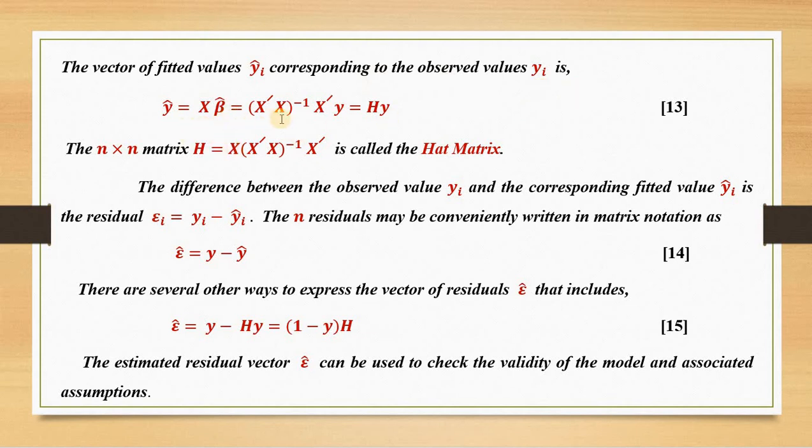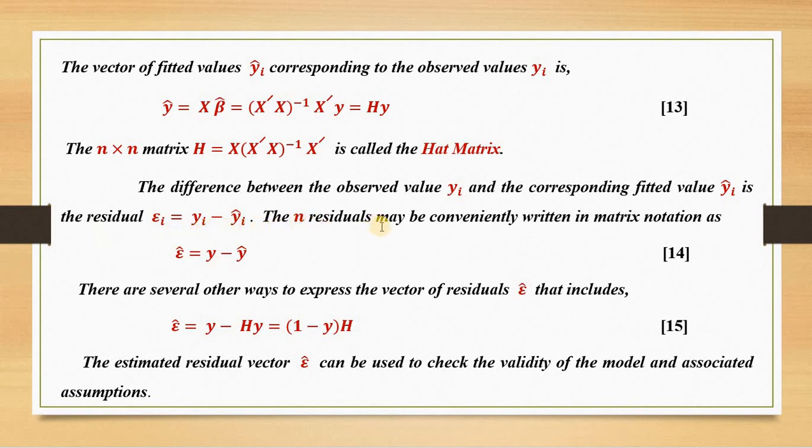Putting in the value of beta cap, we have (X prime X) inverse X prime y. This is Hy, where H is X (X prime X) inverse X prime. This is called the hat matrix, and it is an n by n matrix. The difference between the observed value yi and the corresponding fitted value yi cap is the residual, epsilon i, that is yi minus yi cap.